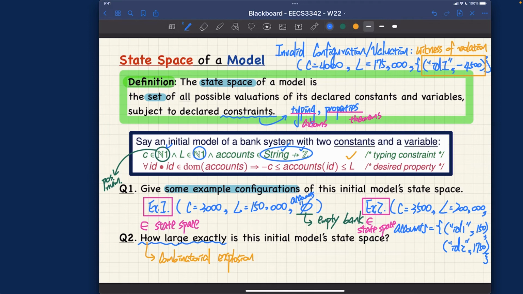In this case, it's going to be the cardinality of the type of C, which will be this, multiplied also by the cardinality of this, which will be L, and also the cardinality of this particular type, string, and also partial function, and this. Of course, it could be strictly smaller than this, because not necessarily all the possible combinations would be a valid valuation as I explained, but it will be fairly close.